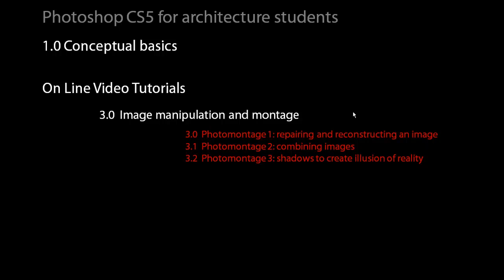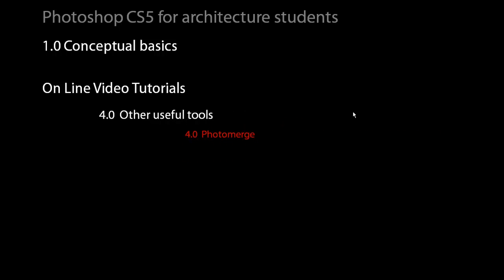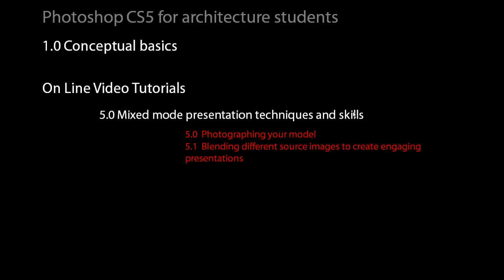In the fourth section, we'll be taking a quick look at some specialized tools and processes. In the final section, we'll be looking at mixed mode presentations and picking up tips such as photographing your models effectively and recombining images from different modes to create engaging and cogent presentations.